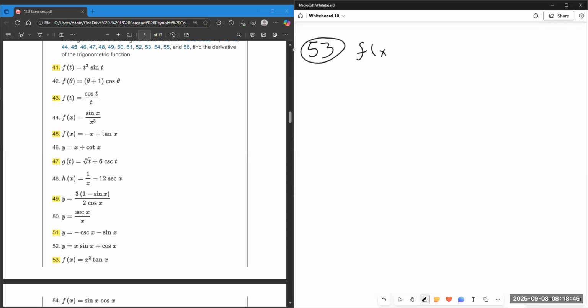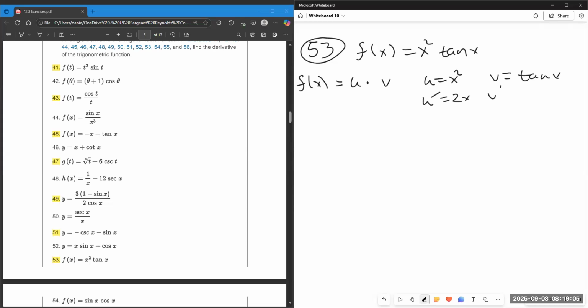F of x is equal to x squared tan x. So I see a product here. F of x is equal to u times v, with u equal to x squared and v equal to tangent of x. U prime is 2x and v prime is secant squared x. F prime of x is u prime v plus v prime u.